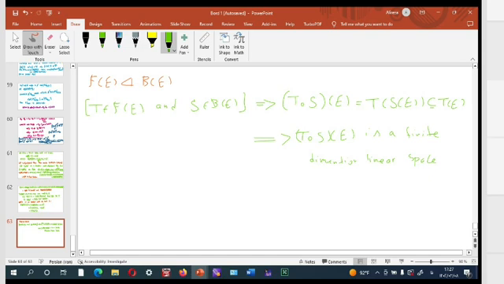Any subspace of a finite dimensional vector space is a finite dimensional vector space.